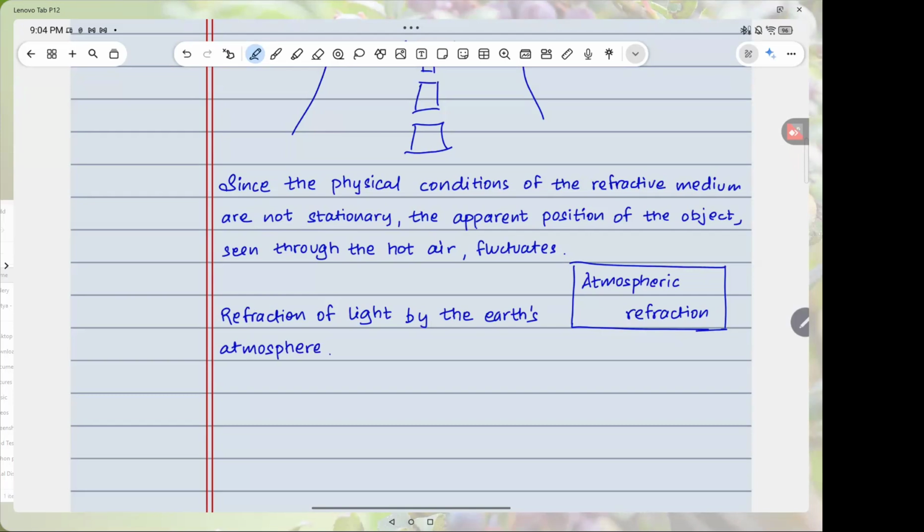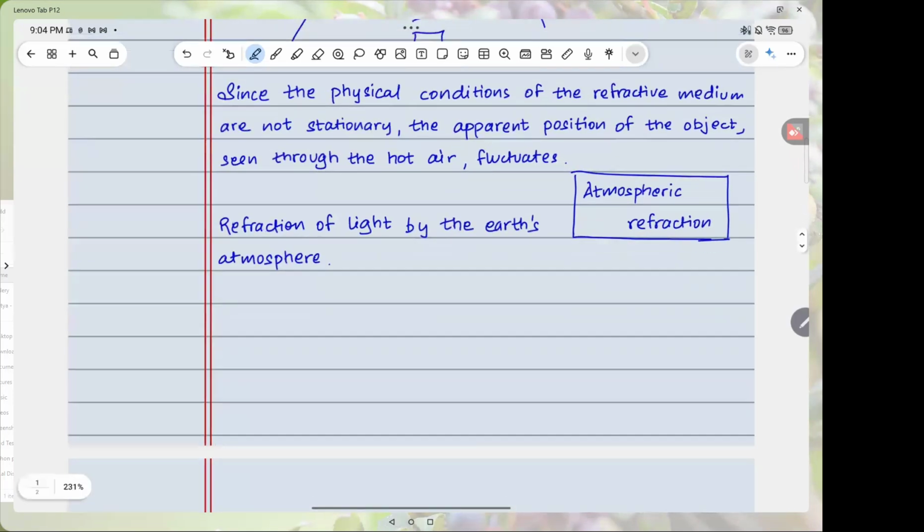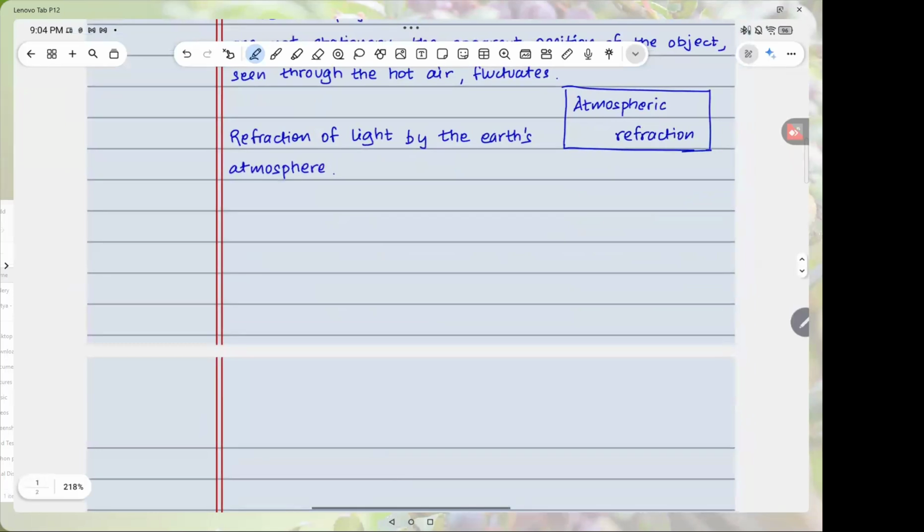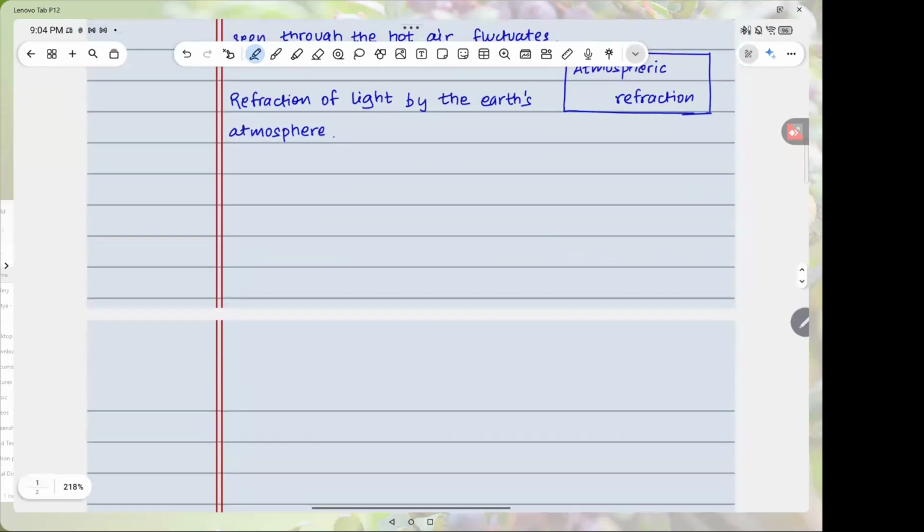So due to atmospheric refraction, when we see the stars, they seem to twinkle, right? Whenever we see the stars in the night, we see them as twinkling, right? This is because of atmospheric refraction again. Why this happens? Let me first explain it to you.